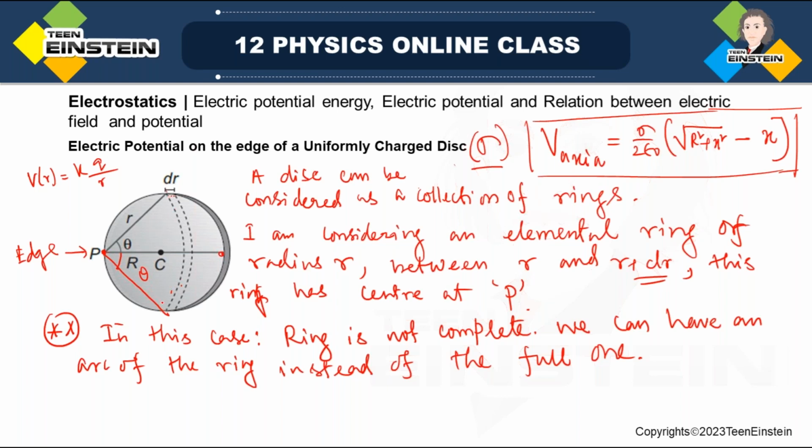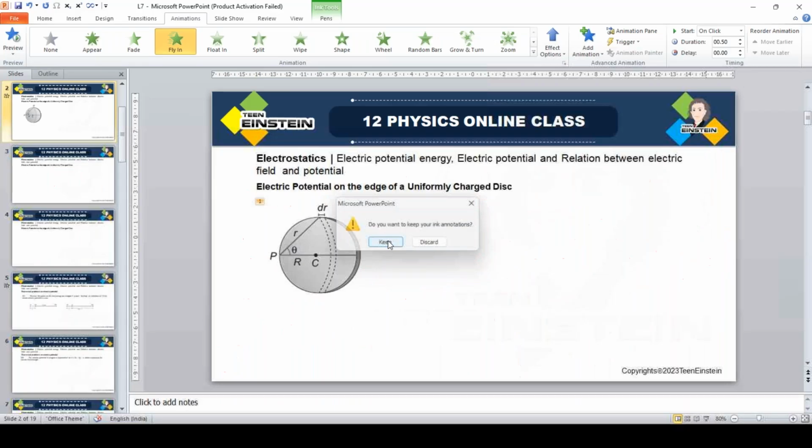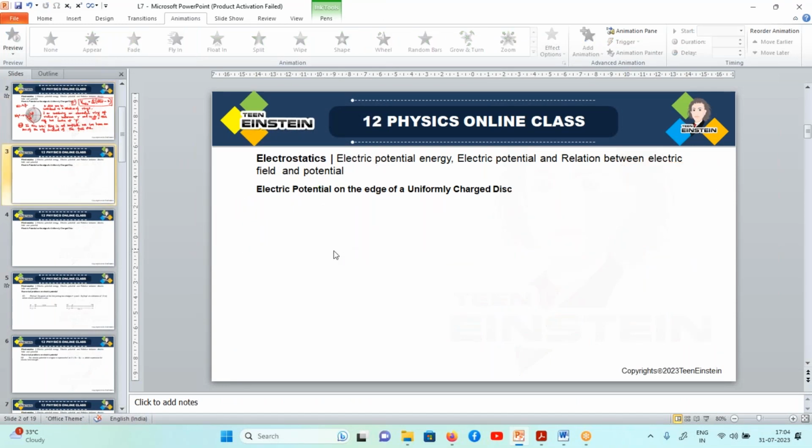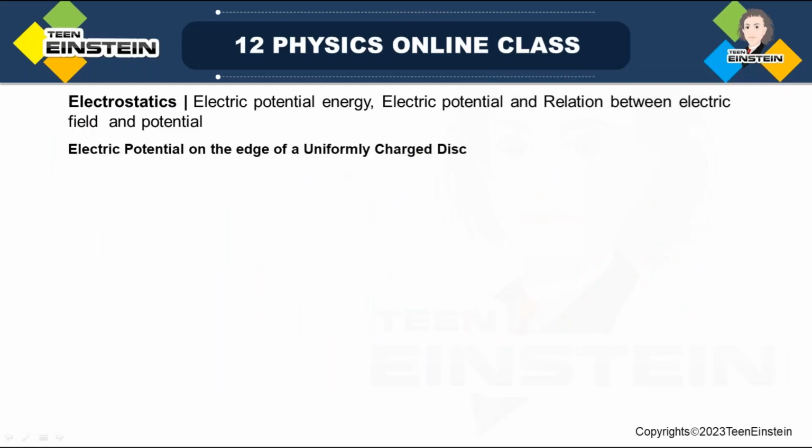That means this arc makes an angle 2 theta at P. These are a few points we should remember. Now let me copy this figure to the next page to make you understand.